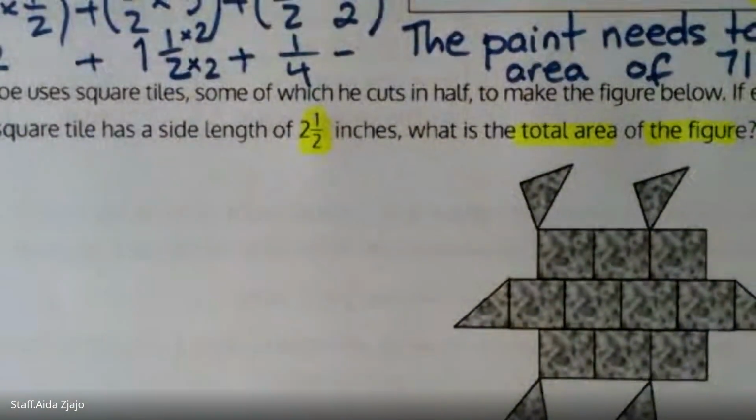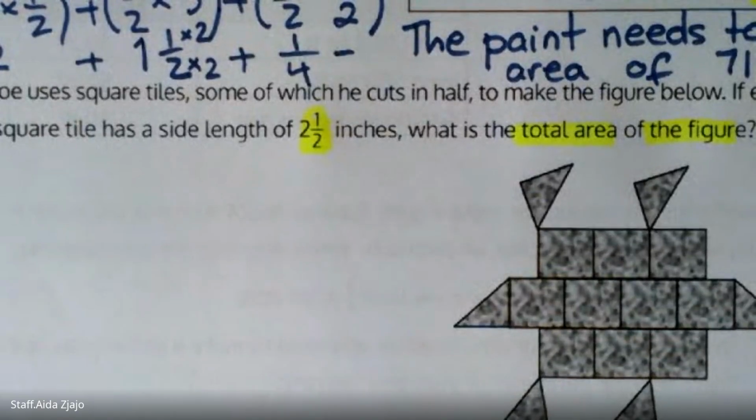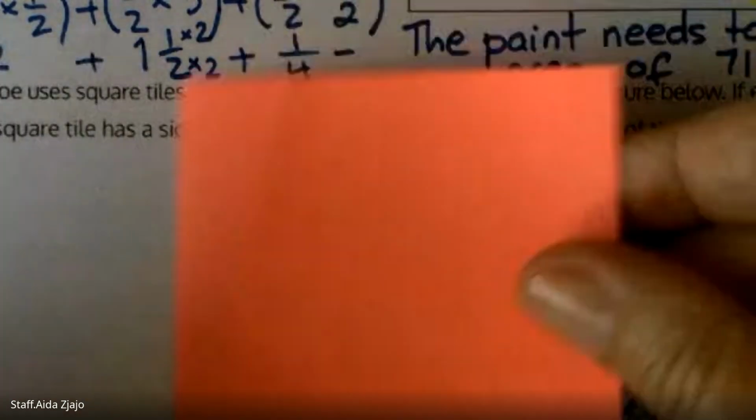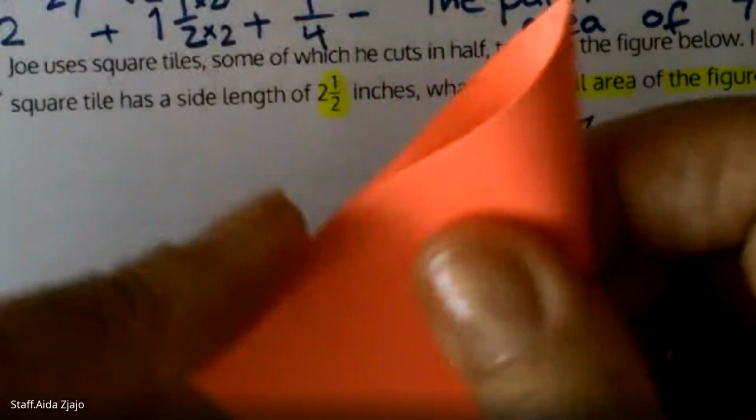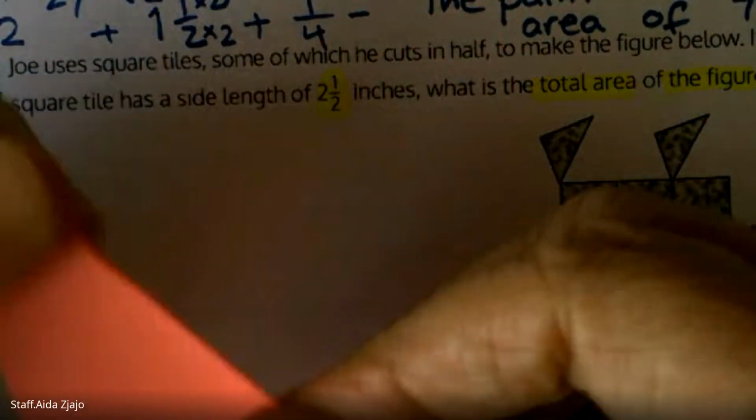So this I can use, if this is the real square, he did put these little guys, and then he also cut some of them into the half.